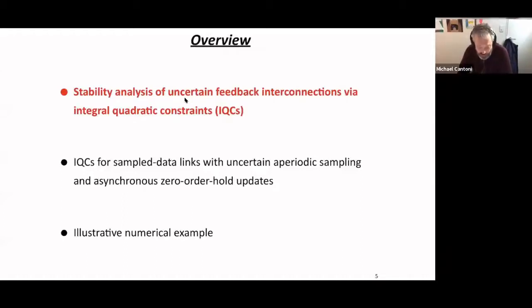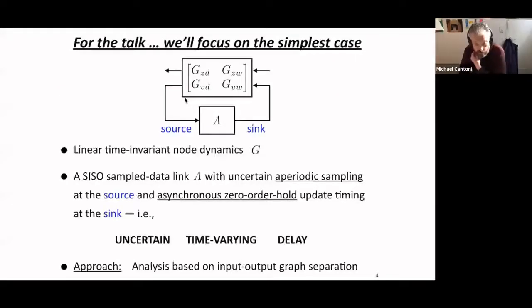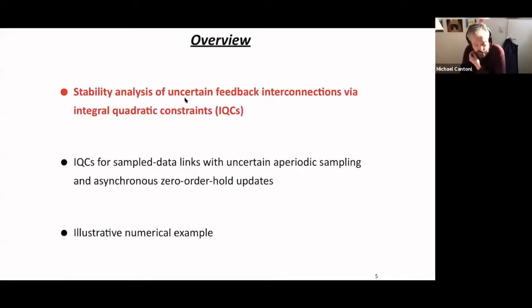So we're going to spend quite a bit of time in this section before then going and showing how to apply such techniques to the analysis of a system that looks like this, right? So we'll see how to write down integral quadratic constraints for sample data links with uncertain aperiodic sampling and asynchronous zero order hold updates. And then we'll look at a simple illustrative numerical example.